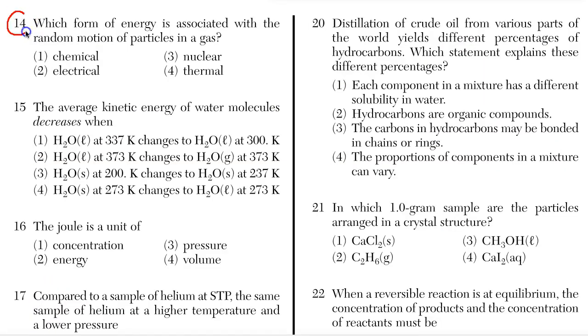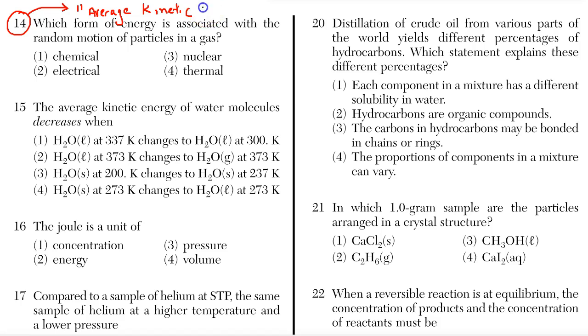Number 14, somewhere, somehow on your test, they're going to see if you know what average kinetic energy is. Now, average is important because molecules of gases don't all move at the same velocity or speed. But if you take all their motion energy collectively and average it, we call kinetic energy the motion energy.